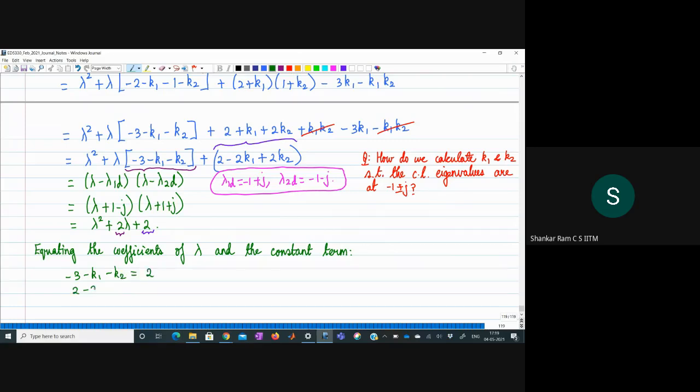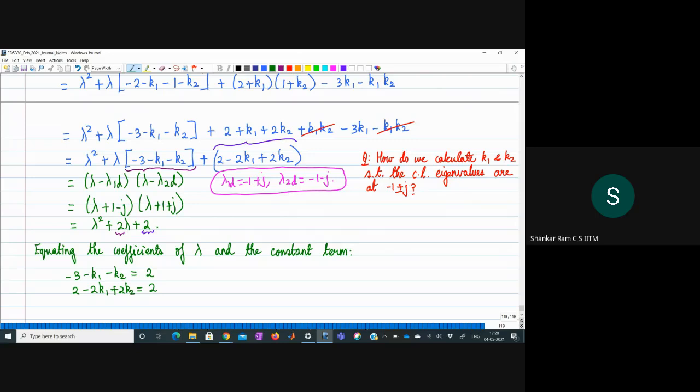Then 2 minus 2k1 plus 2k2 is equal to plus 2. These are the two equations. Once we have this, we just need to solve for k1 and k2, right?